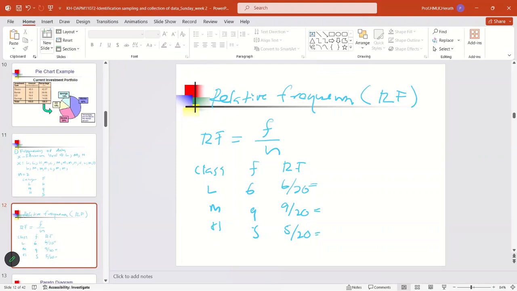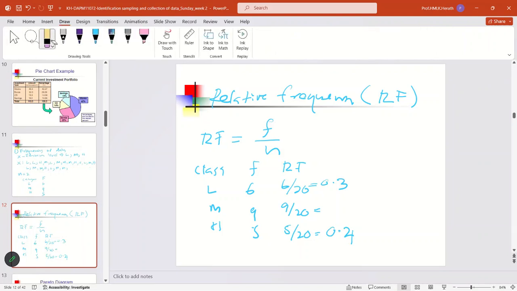How much is it? Right? How much is it? 0.3. So this is 0.2. This is 0.4, right? This is 0.25, right?